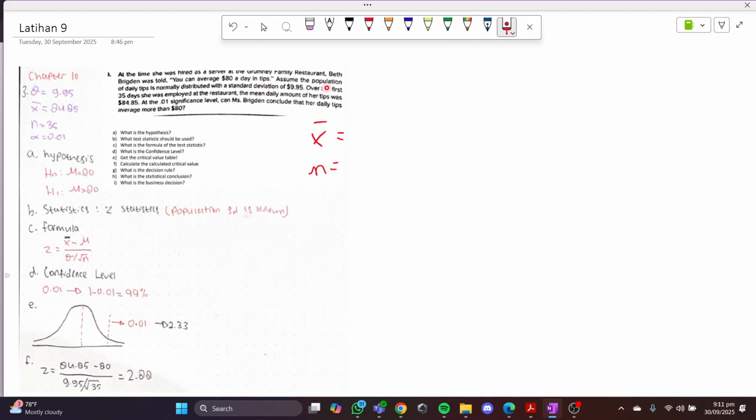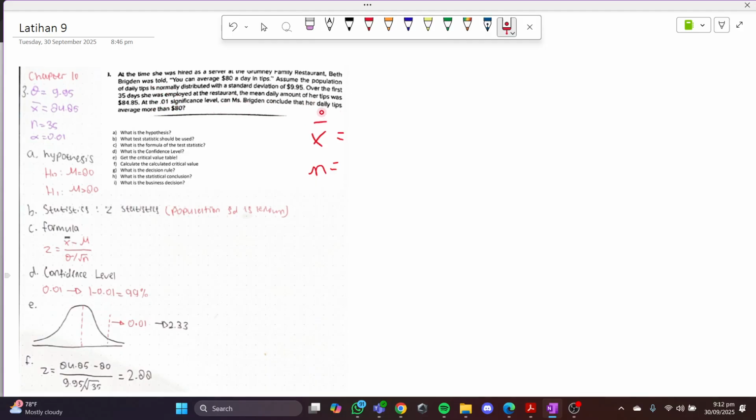So it's about a population. We're going to use Z here, and you also know that the standard deviation is 9.95, N is 35 days, and the mean, or the X bar, is 84.85 at a 0.01 significance level.